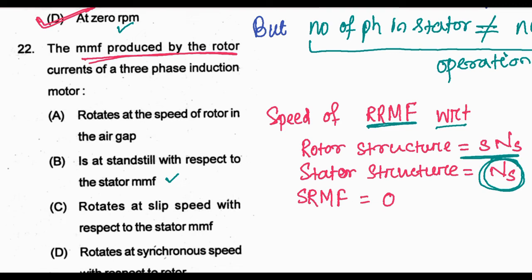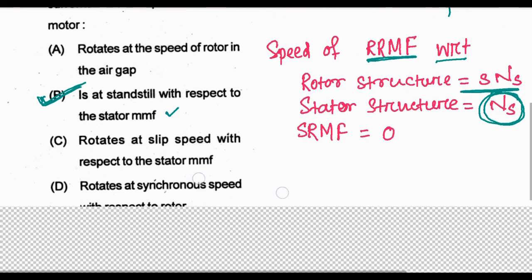So what will be the speed with respect to the stator rotating magnetic field? This will be 0. That means they will be synchronized, and the rotor rotating magnetic field will be at standstill with respect to the stator MMF. So here option B is the correct answer.